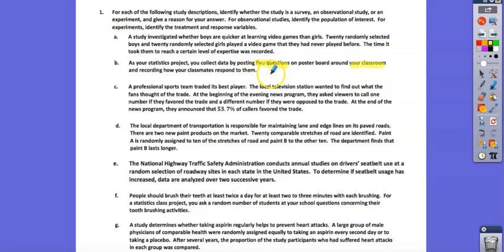So this is probably a survey because questions were asked of classmates, and students may question whether this is really a sample survey, since the whole class went around your classroom and recorded how your classmates responded. So you didn't get a sample survey, and they were not randomly chosen. It's everyone in the class.